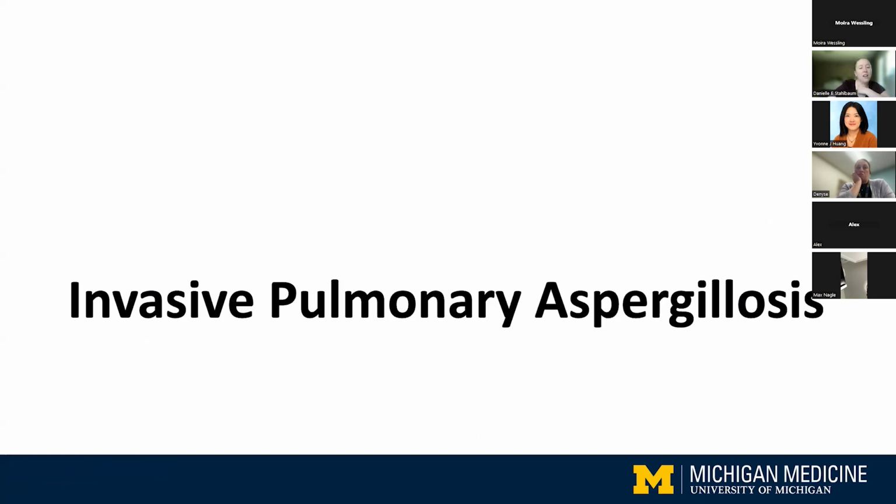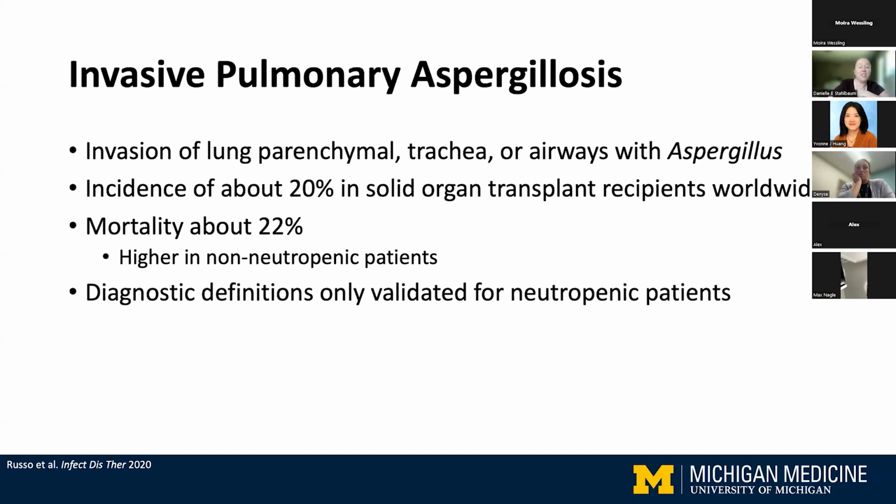Now touching on invasive pulmonary aspergillosis. As opposed to the other two, ABPA and chronic cavitary pulmonary aspergillosis, this is when the Aspergillus actually directly invades the lung parenchyma, trachea, or airways. We most commonly think about it in transplant patients, whether solid organ or stem cell transplant.